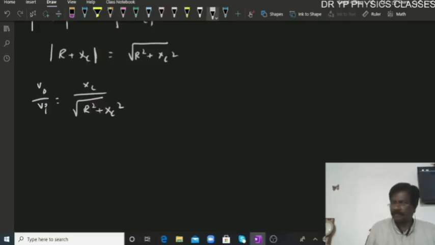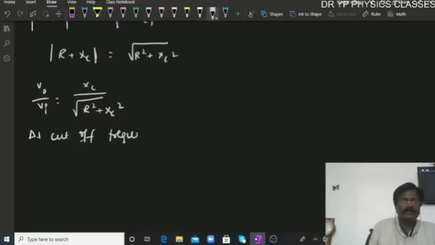Now at cutoff frequency, V0 is equal to 1 by root 2 times Vi. So this is the condition. At cutoff frequency, the output voltage is equal to 1 by root 2 times the input voltage.